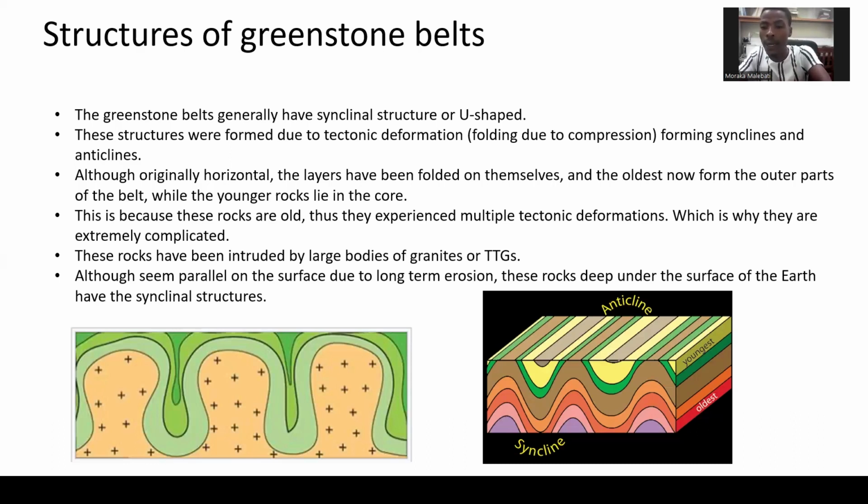Now the oldest form the outer parts of the belt, while the younger rocks lie in the core. The younger rocks lie in the core because of the effect of tectonic deformation. This is because these rocks are old, thus they experienced a series of tectonic deformation.